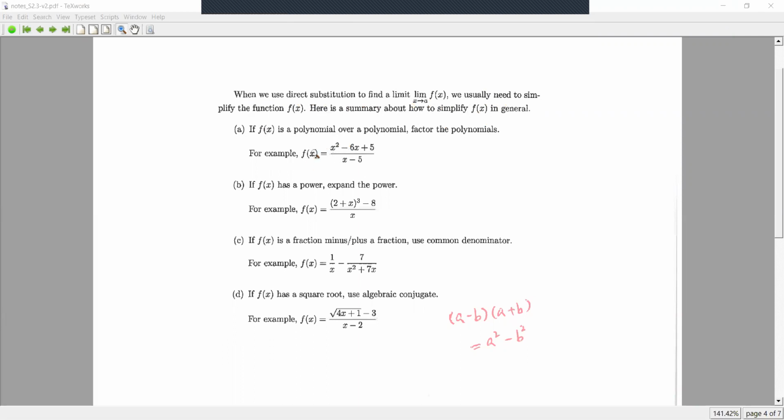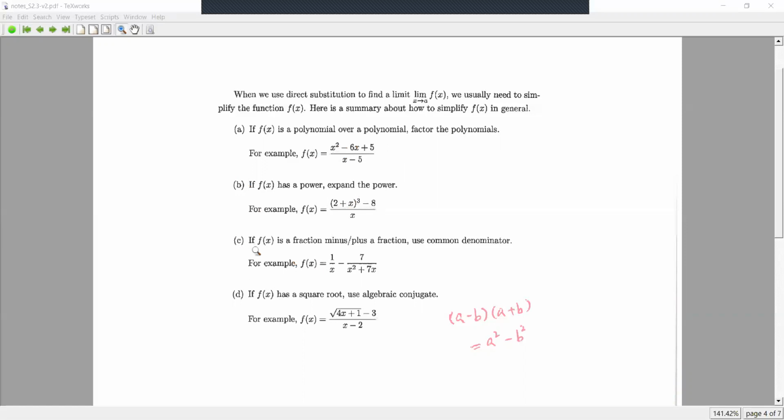Then to simplify the function, factor the polynomials and then cancel out some factors from the top and from the bottom. Case 2, when a function has a power, this is one example. In this case, expand the power. Then you will see some cancellations.